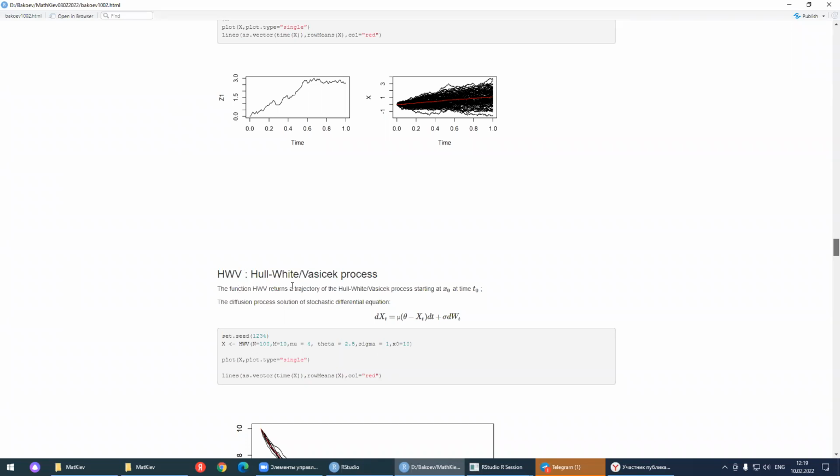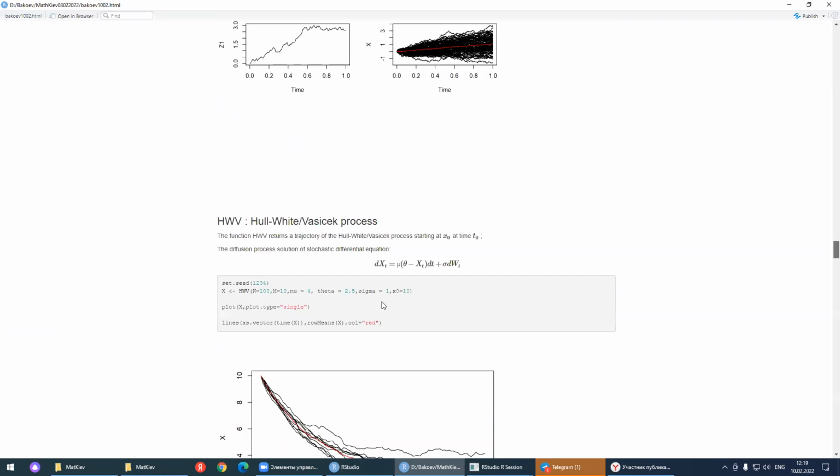This function returns the trajectory of the Hull-White process starting at x0 at time t0, and the diffusion process is the solution of the next stochastic differential equation. Here mu, theta and sigma are the parameters of this stochastic differential equation.